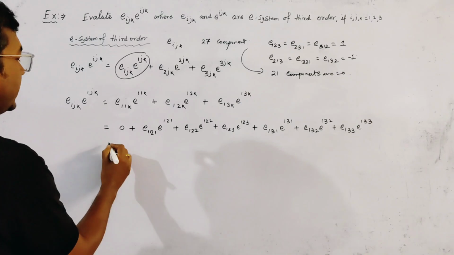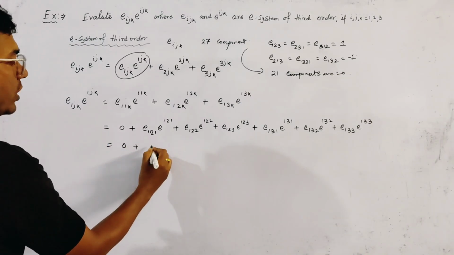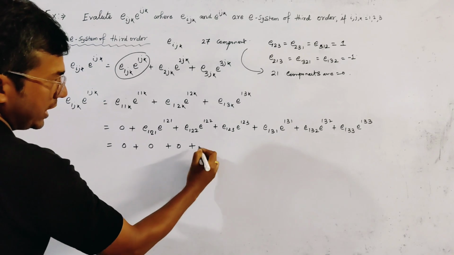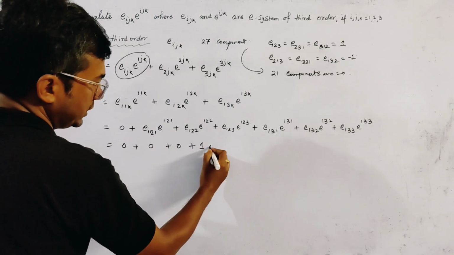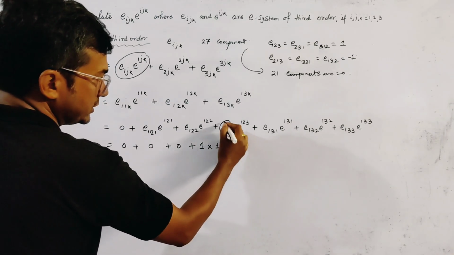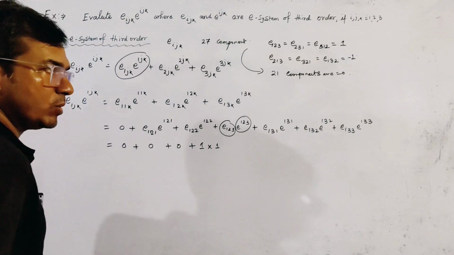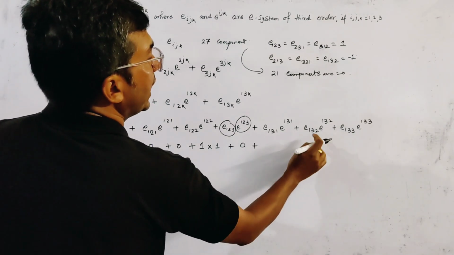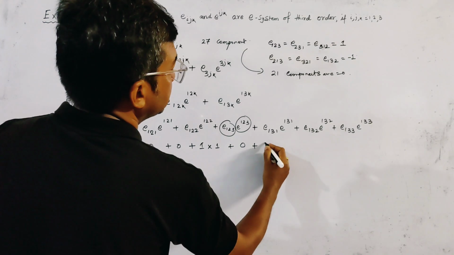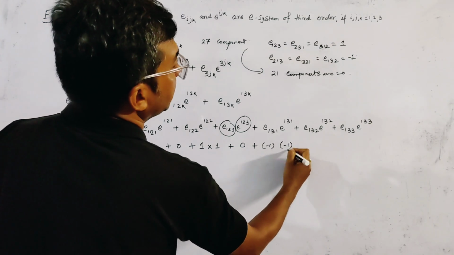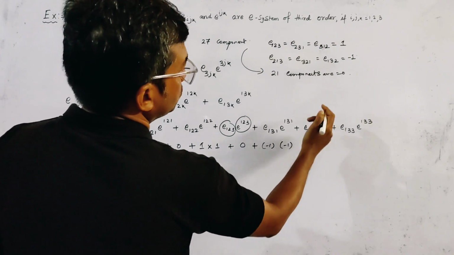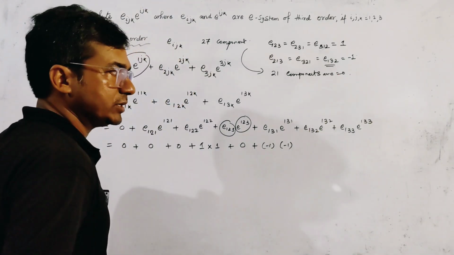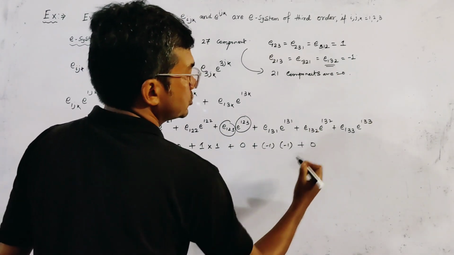Clearly, the first two terms are 0, and the term E_123 E^123 is 1 into 1, because each is equal to 1. The next is 0, and this is minus 1 into minus 1, because E_132 means minus 1, and E^132 is also minus 1, and the last term is also 0.